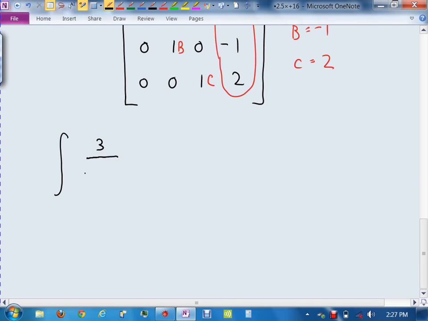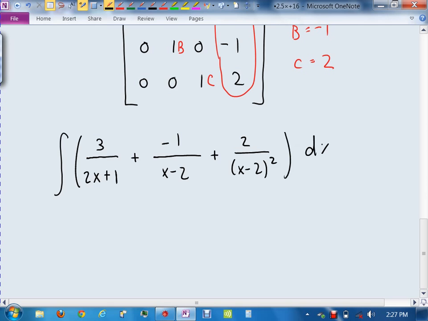Someone help me. What is it? 2x minus 1, plus negative 1 over, x minus 2, okay, I know what the rest is. Thank you. Plus 2 over x minus 2 squared dx.